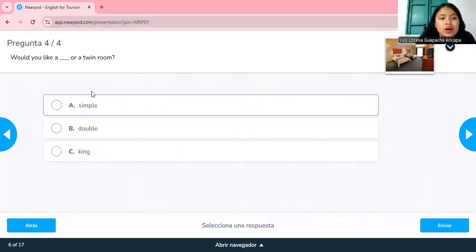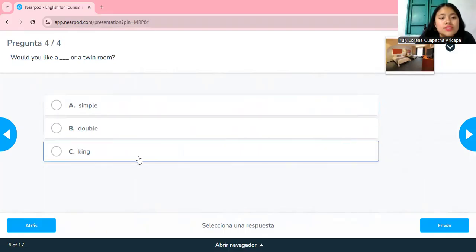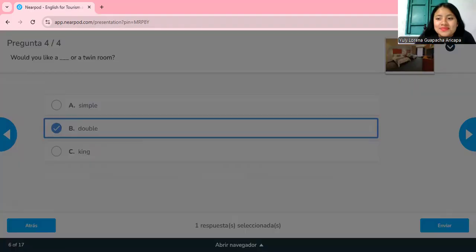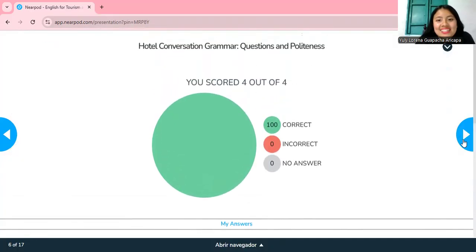Option A, simple. Option B, double. Option C, king. So I think it is option B, double. It is correct. In this slide, we can find the results. So the answer is correct. It's a good job.